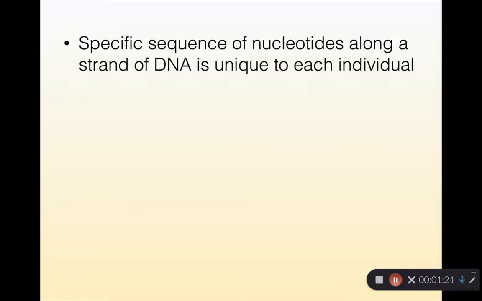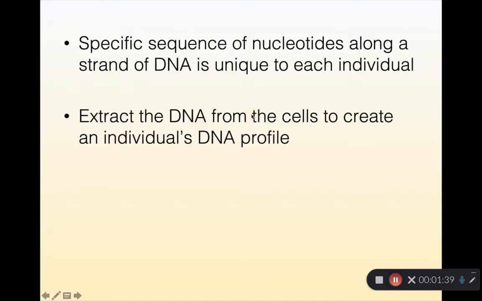In order to understand this, we have to understand the fact that the specific sequence of nucleotides, those A, T, C, G, adenine, thymine, cytosine, and guanine groups along the strands of DNA, is unique to each individual, save for identical twins.